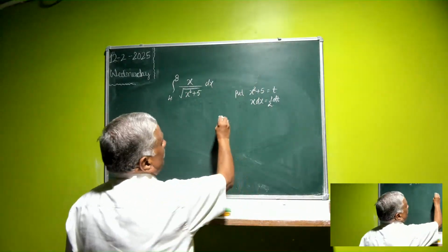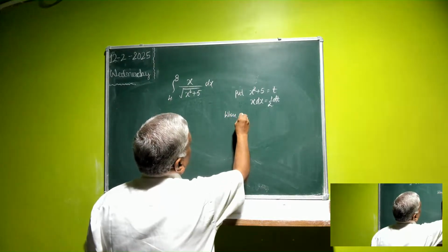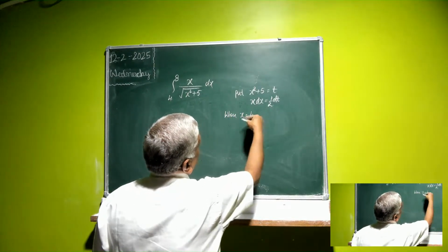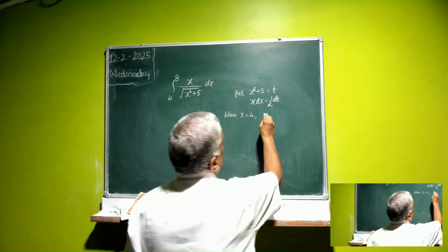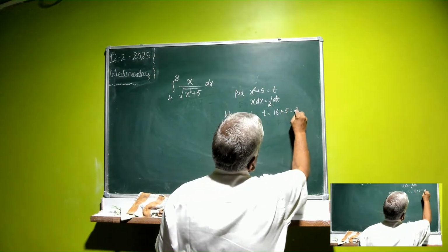Because it's a problem of definite integrals, we have to change the limit. When x is equal to 4, t is equal to 16 plus 5, that is 21.